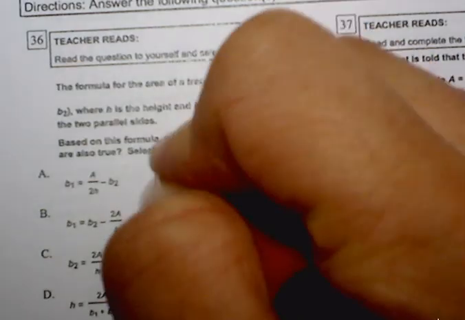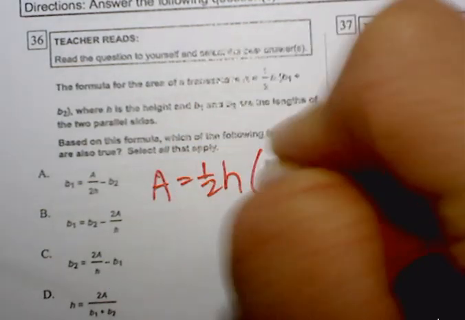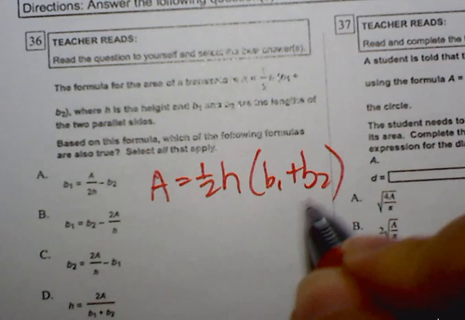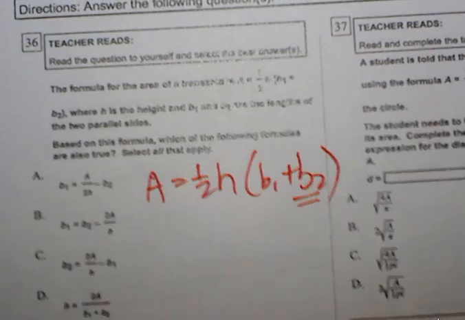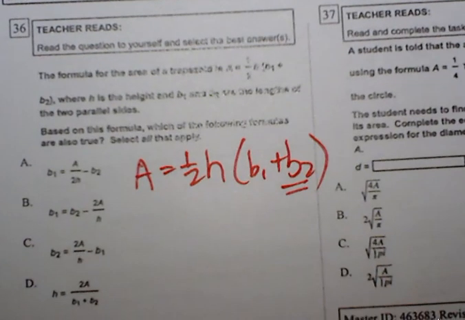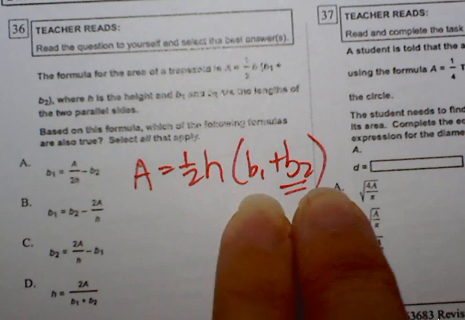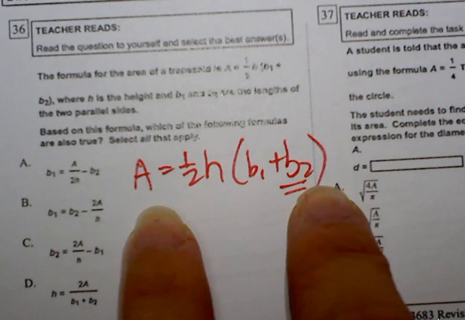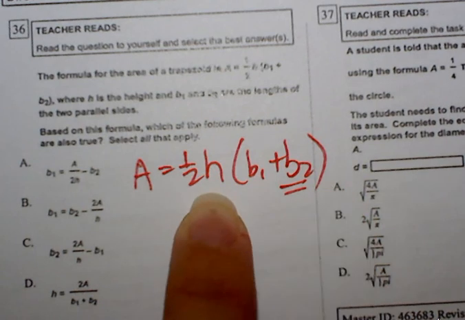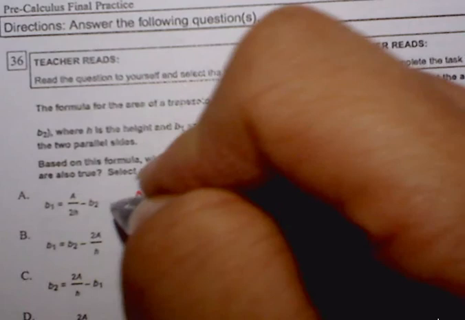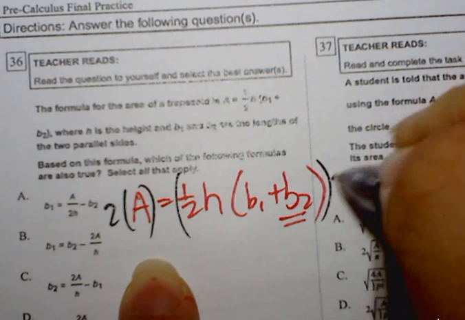Okay, this is a good one. So area equals 1/2 height times b1 plus b2. They ask you to solve for b2. We know how to do this. What do I have to undo first? Not the parentheses. I have to do the last thing first. So how can I get rid of this? These guys. Multiply by 2 on both sides. If I multiply 2 on both sides, I get 2a equals h times b1 plus b2, right?